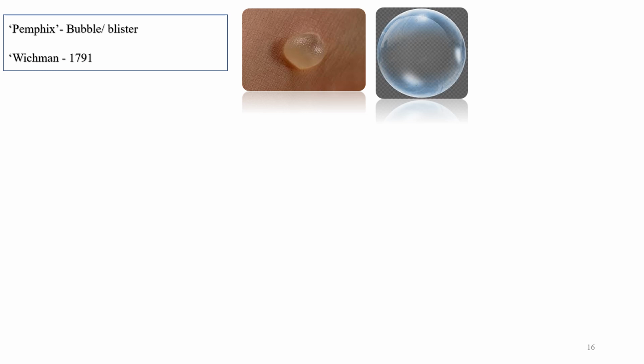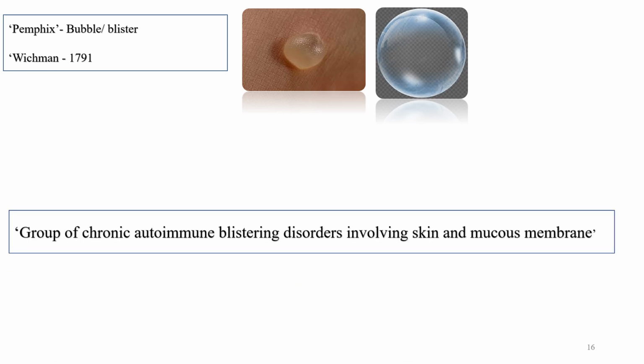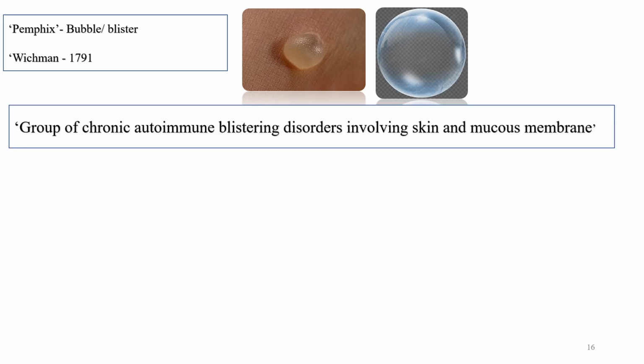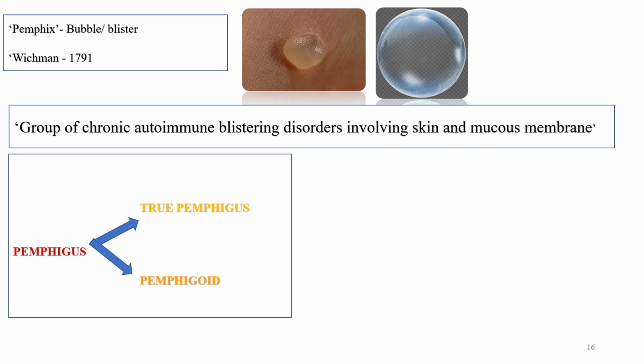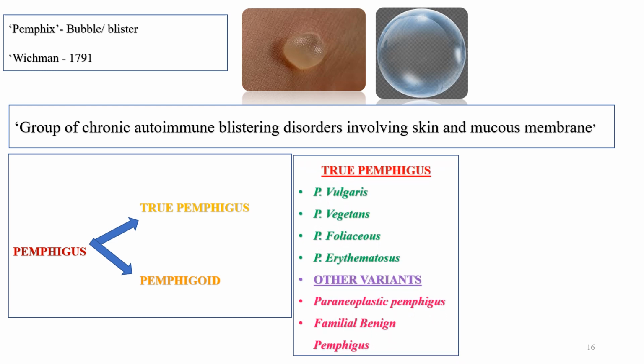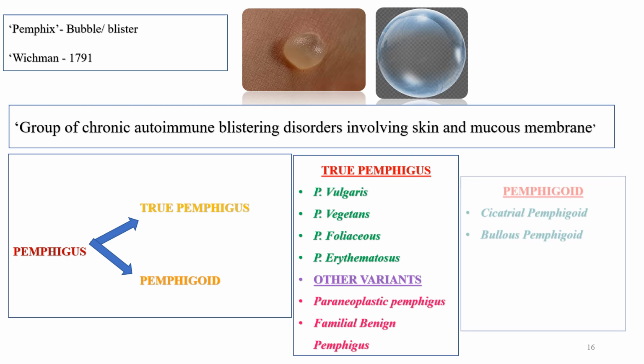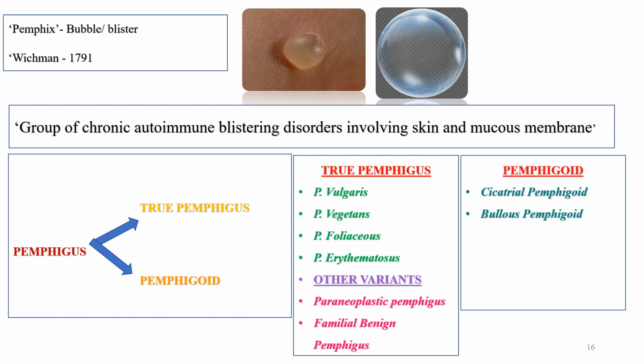Pemphigus involves a group of lesions characterized by chronic autoimmune blistering disorders involving both skin and the mucous membrane. These blistering disorders are classified by Lever into true pemphigus and pemphigoid. True pemphigus are the lesions which involve blister formation intraepithelially, whereas pemphigoid involves blister formation subepithelially.